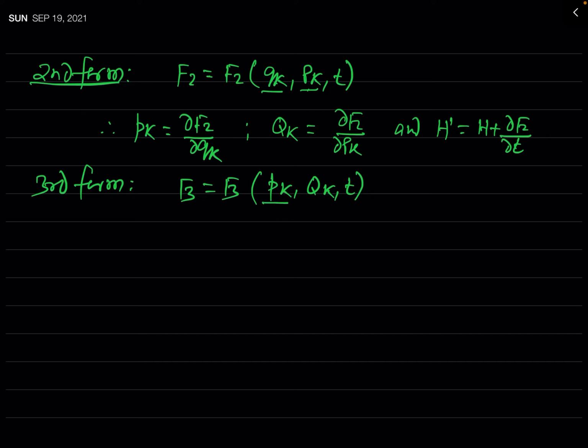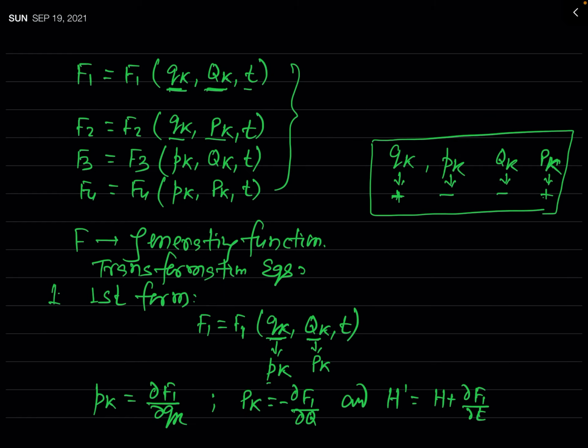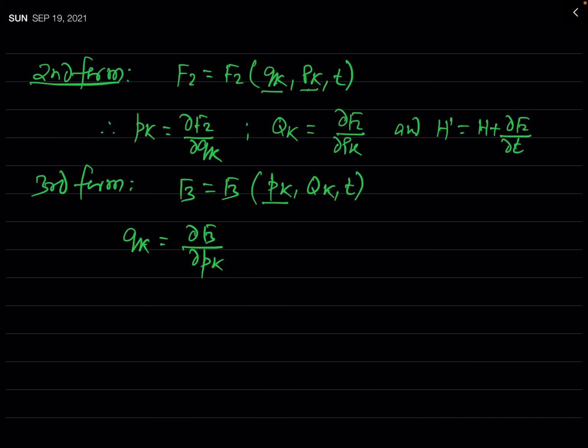See here, in the argument there is small pk, so we must find small qk. And for that you have to write del F3 by del pk. Now see what the sign will be. Since we are differentiating with respect to small pk, you should take minus sign here. So this will be minus del F3 by del pk.